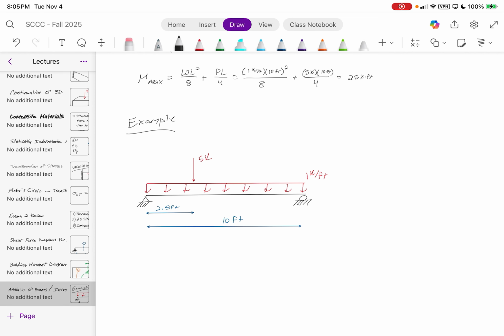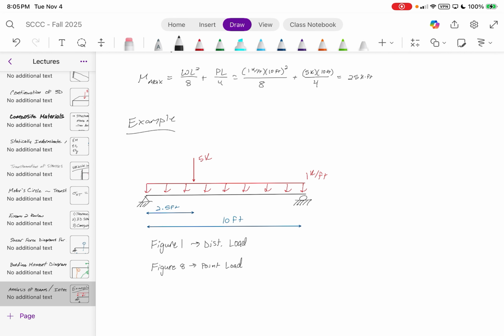We could still use figure 1 for the distributed load, right? But what about the point load? Use figure 8. Great.